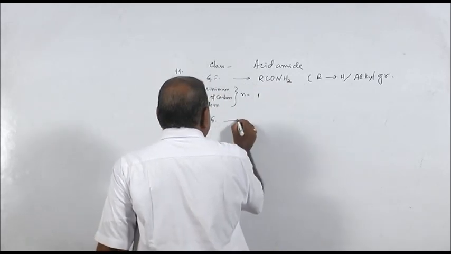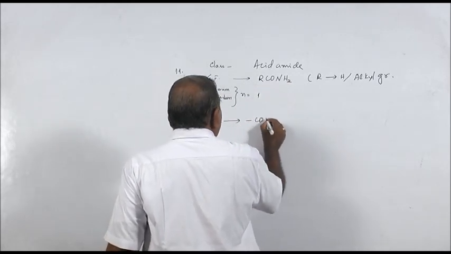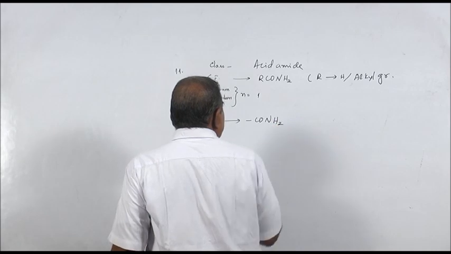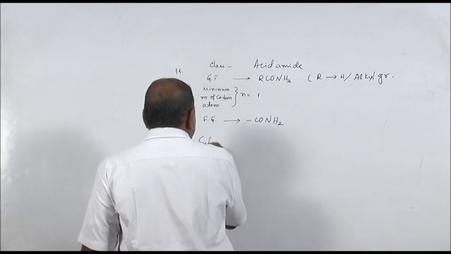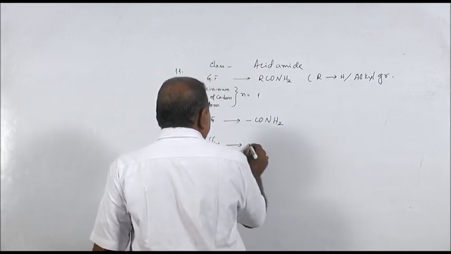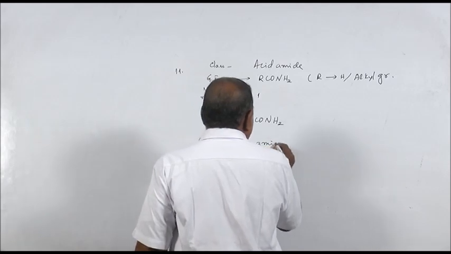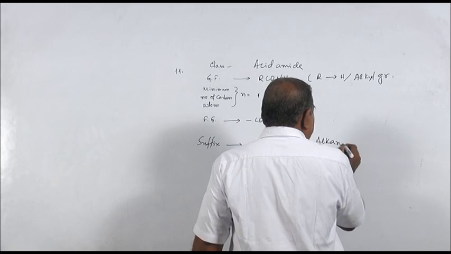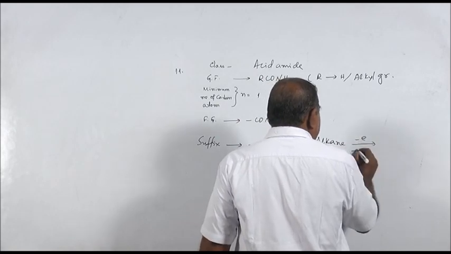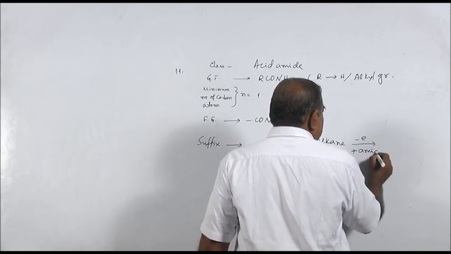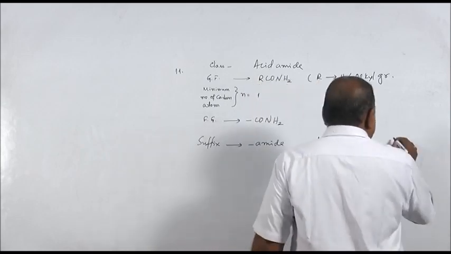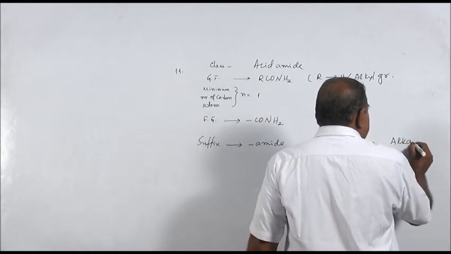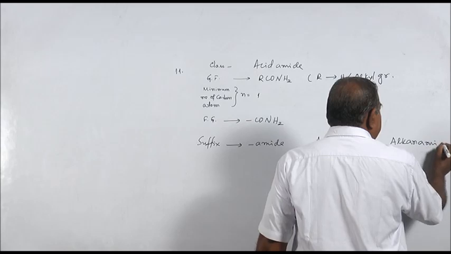Here the functional group is CONH2. It has a suffix, amide. That means from alkane, you replace the E by amide. So the complete name is alkanamide.